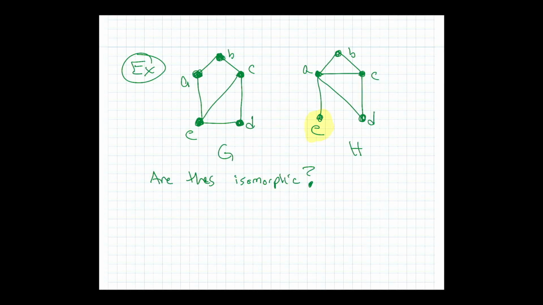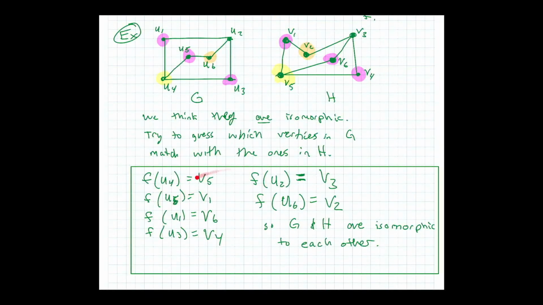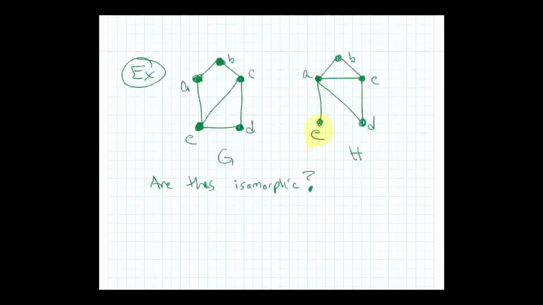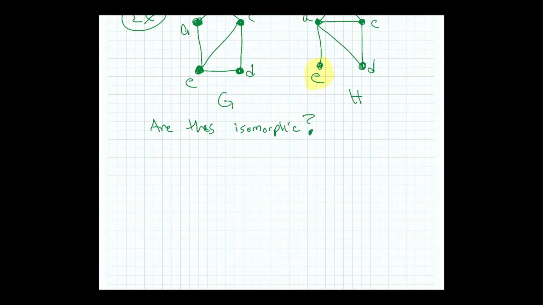So I see that, and immediately I know that these are not isomorphic. You could not possibly find a function like we did here, because what over here matches up with E? Nothing. And that uses the concept of invariants, which I will explain as soon as I write this down.